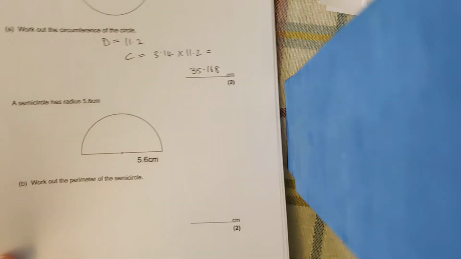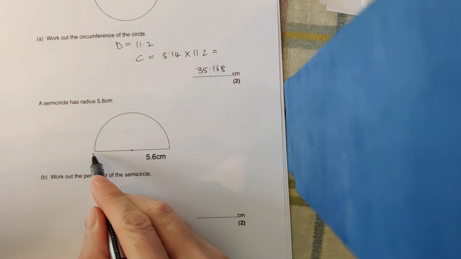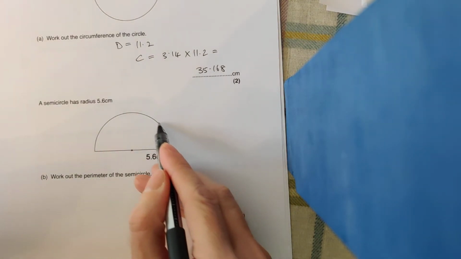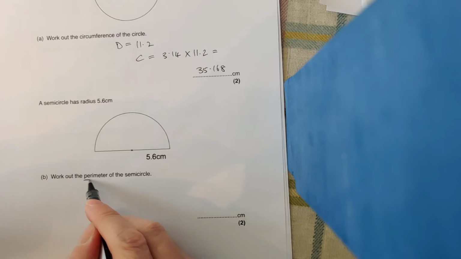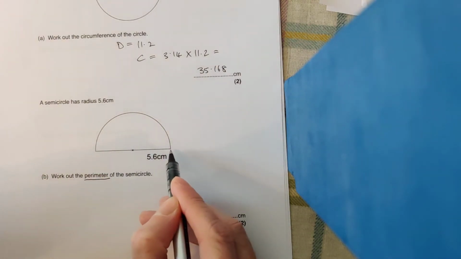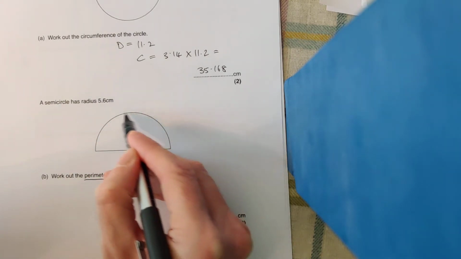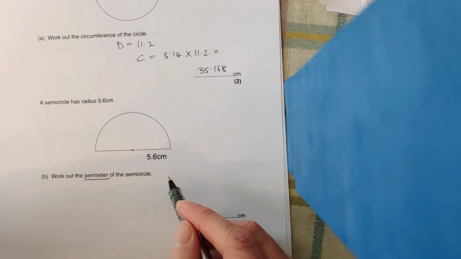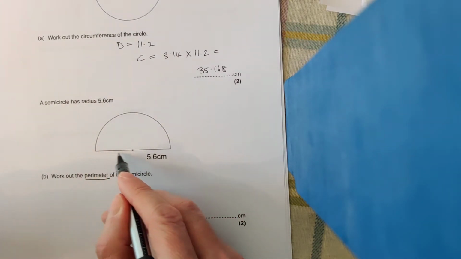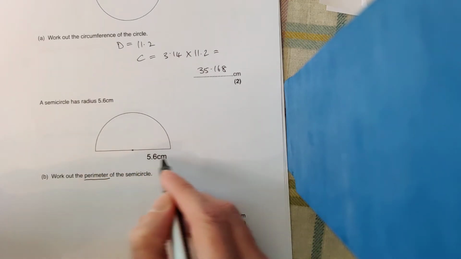Okay. A semicircle has a radius of 5.6. Work out the perimeter. Now you need to be careful in this question because the perimeter of this shape is the distance around the edge of it. Remember that word perimeter means if you were to walk around the entire edge of that shape, it's the distance that you walk in total. So what we need to do is work out this length, which is going to be 5.6 doubled, which is 11.2.